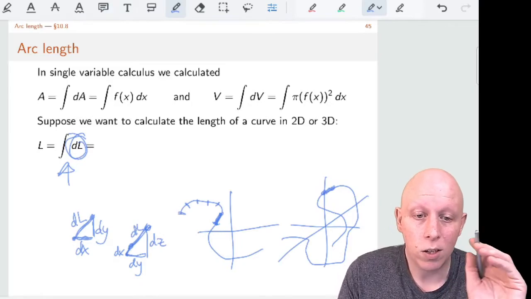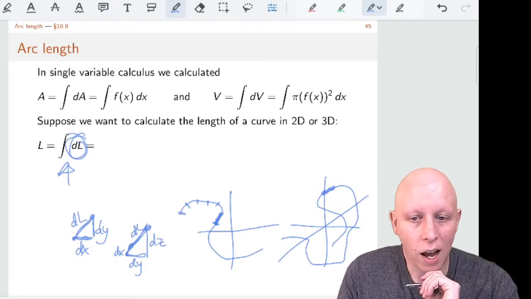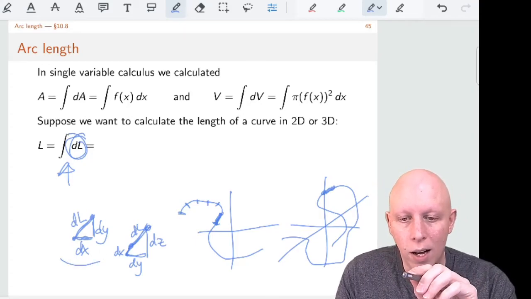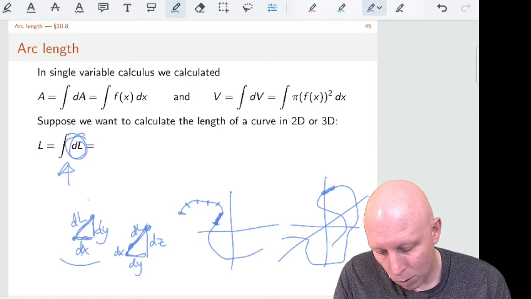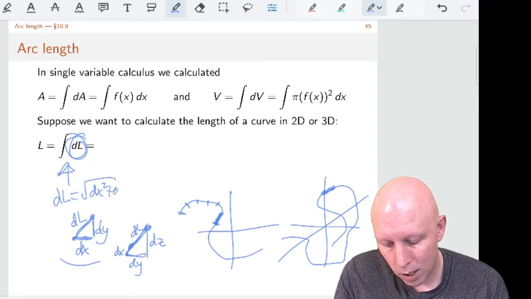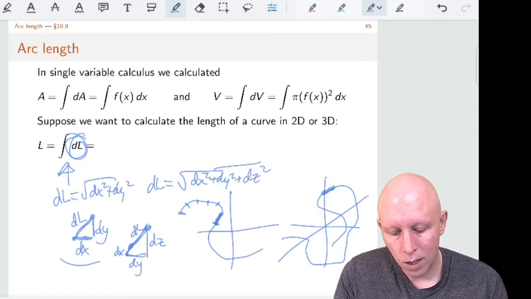We've already talked about the length of the sides of a triangle, or the length of a path where we have some x, y, and z components. What we're saying here is that dl is equal to the square root of dx squared plus dy squared, or dl is equal to the square root of dx squared plus dy squared plus dz squared.